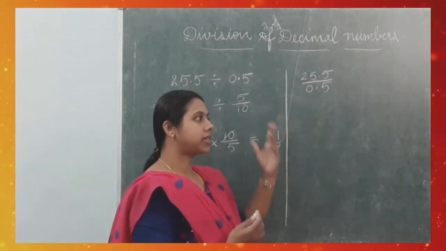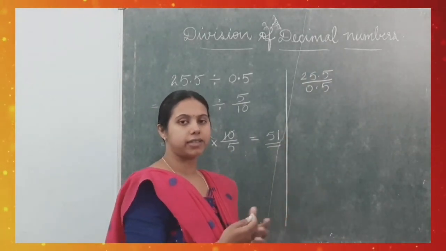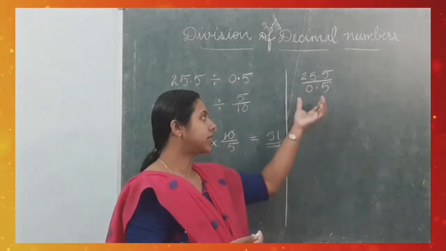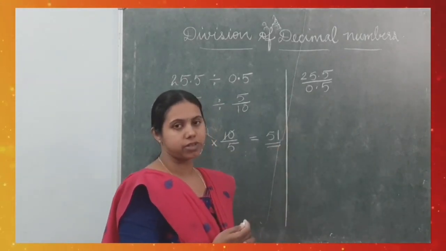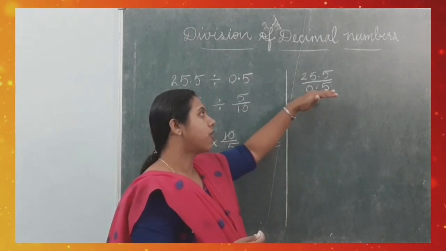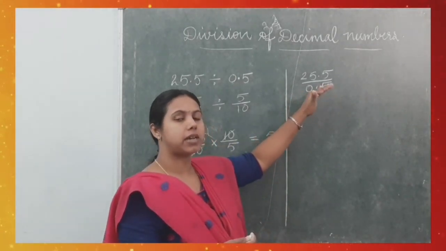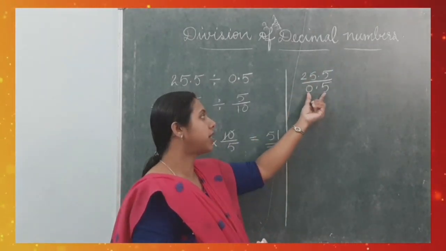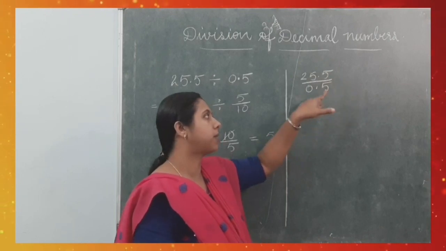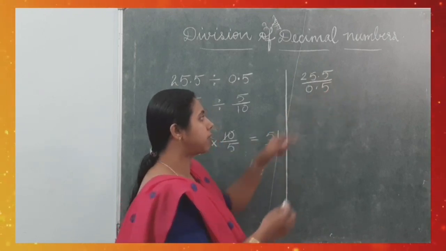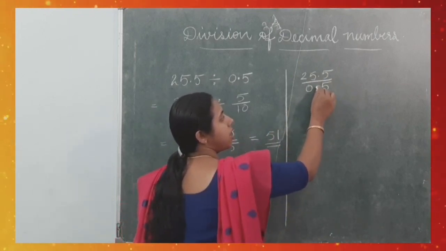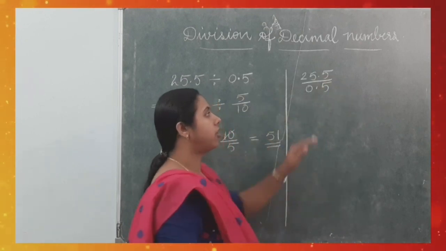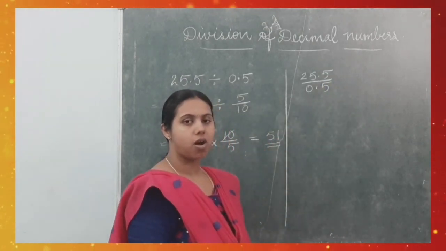If the denominator is a whole number, we can divide the numbers. If it is a decimal number, it's very difficult to divide it directly. So first you convert the decimal number to a whole number. To convert this decimal number to a whole number, the decimal point will move one place to the right. Then only you will get a whole number.